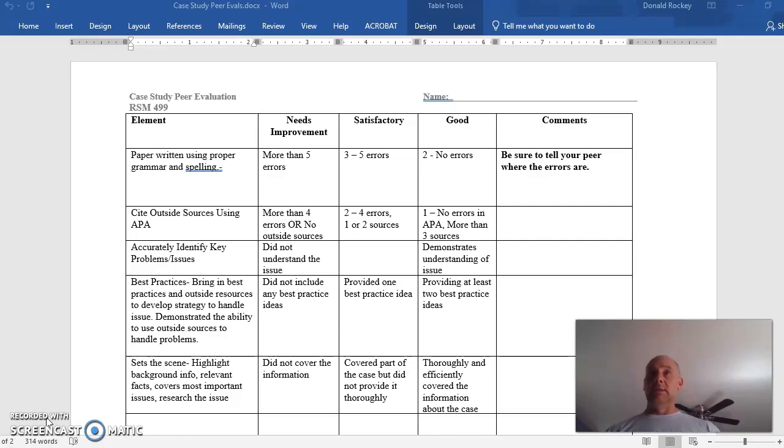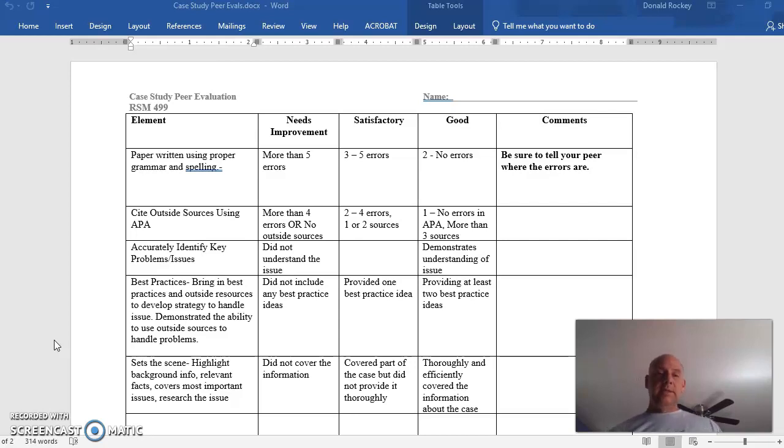The idea is that you can go through and read it, make some suggestions, and give them feedback as far as how they did. Then they'll go back, make revisions, and submit the final draft to me. And somebody's going to be doing the same thing for you. So you want to make sure you do a good job, because you're helping somebody else, and somebody else is helping you as well.